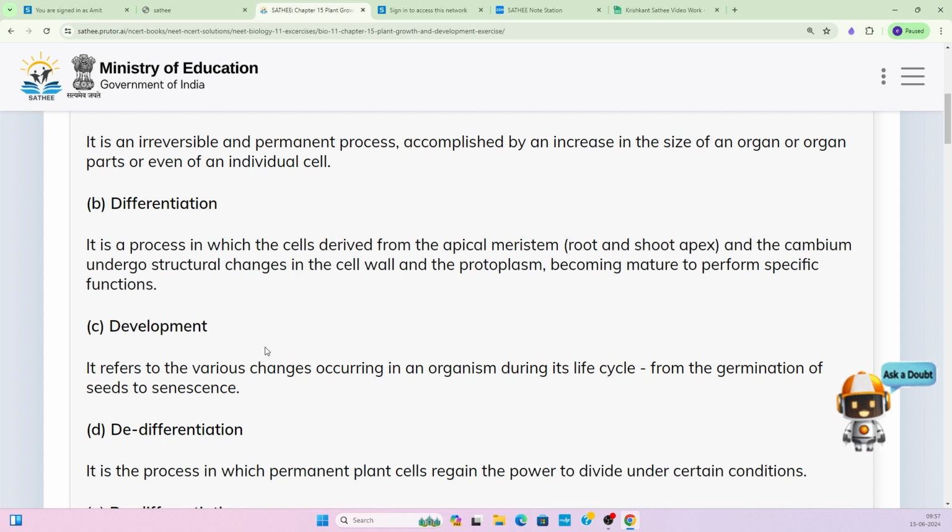The new cells which are formed undergo structural change. How does the change go? They change their cell wall and protoplasm.